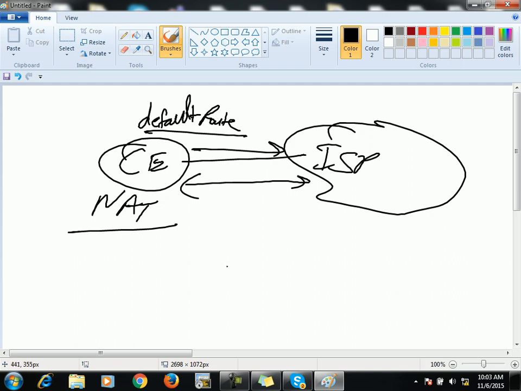And if you try to configure BGP now at the customer edge router, then you know what will happen. You have to buy a router which can install millions of routes in its routing table.